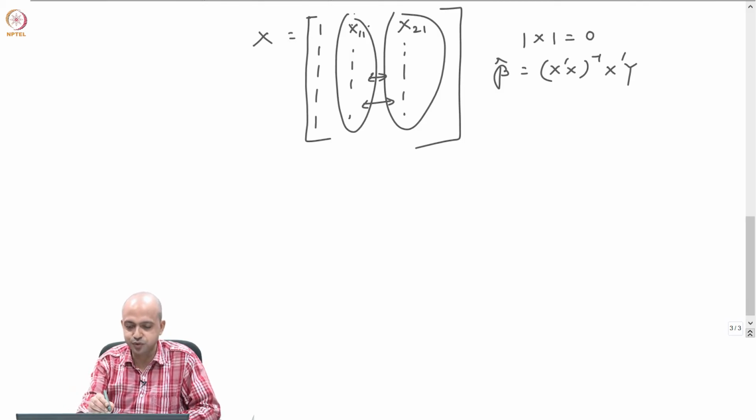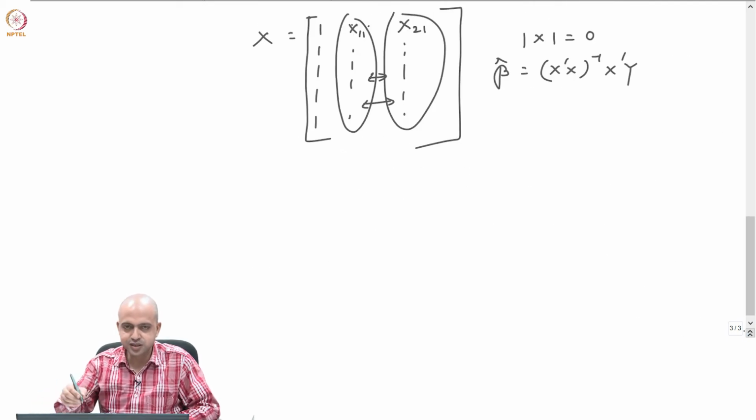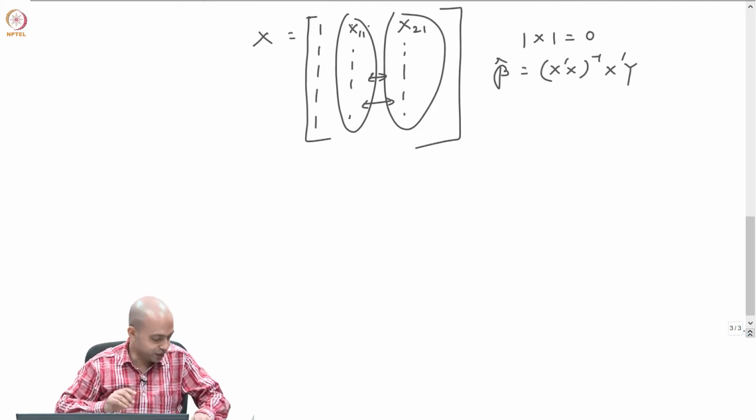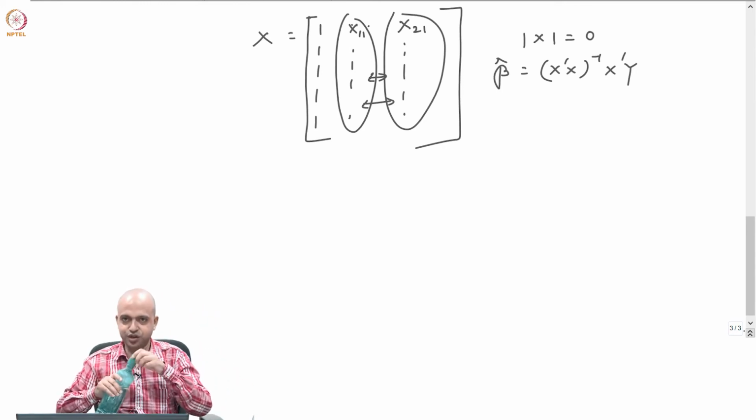Perfect collinearity exists between these two columns. So, from this matrix approach, you can easily understand that when there is perfect linear dependence, your model cannot be estimated.